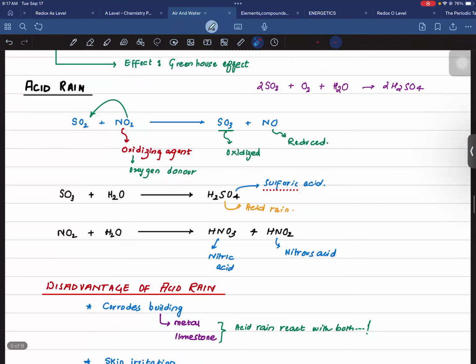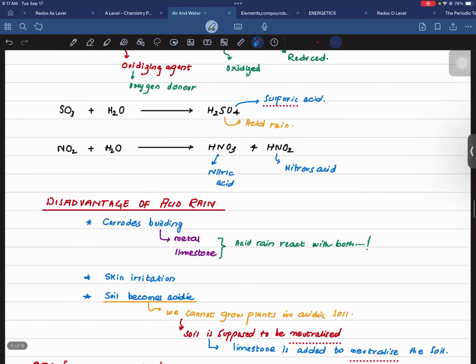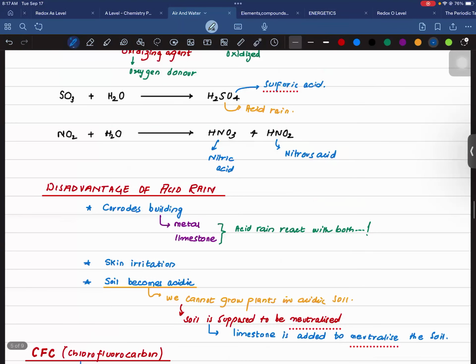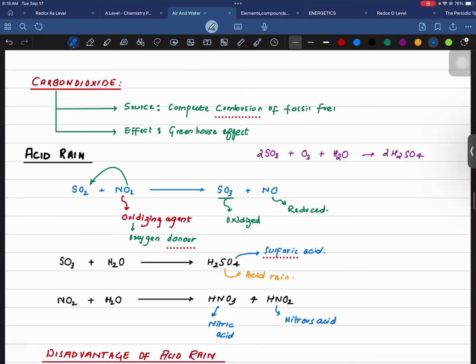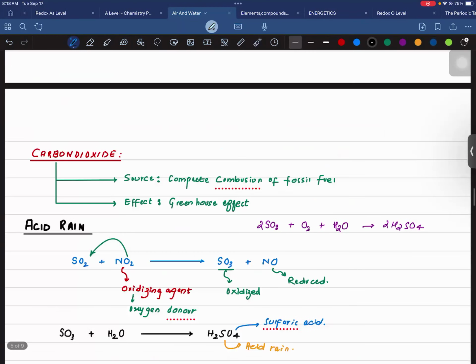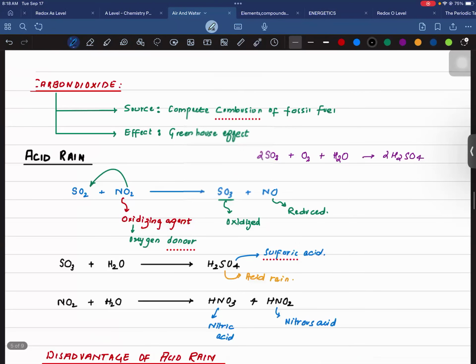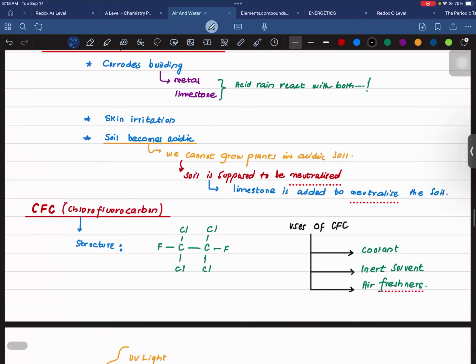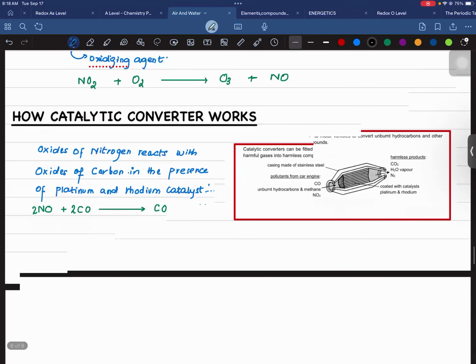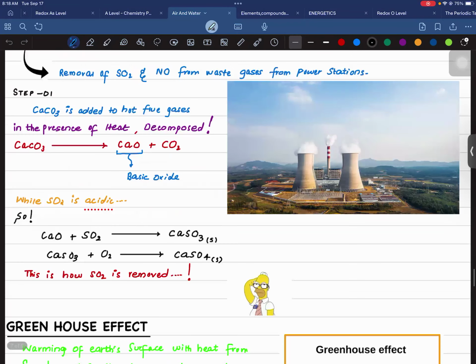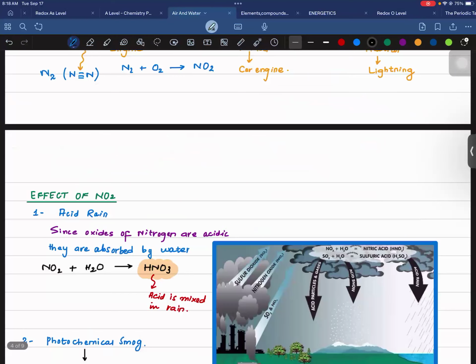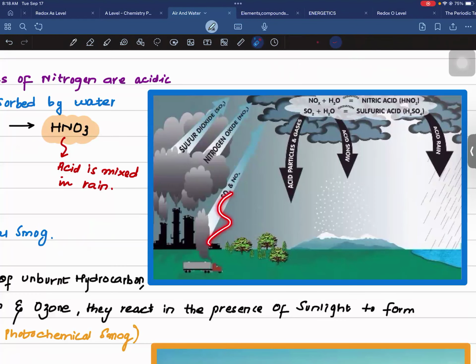If I go deeper, I can say that when the cloud rises, listen very carefully. Let's suppose, where is the picture? So if you can see, when the cloud rises, remember the temperature decreases.